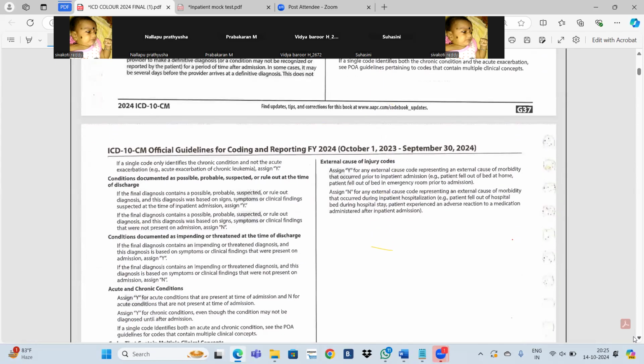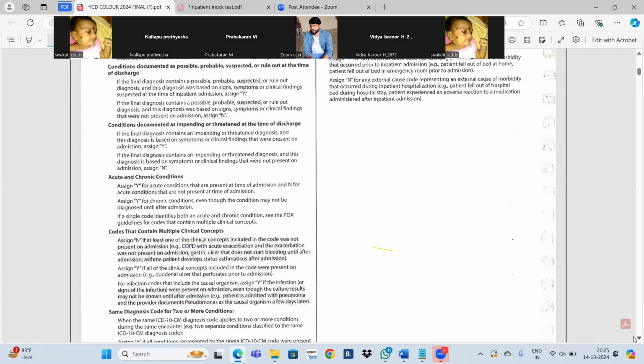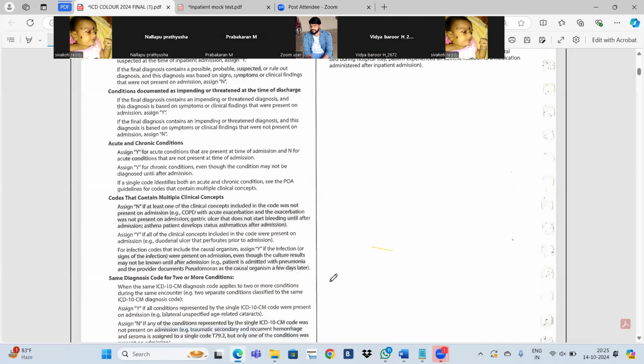Next concept. Remember acute and chronic conditions. If an acute condition develops after admission, it was not present at the time of admission, so N. For a chronic condition, always Y. Assign Y for a chronic condition even though the condition may not be diagnosed until after admission.